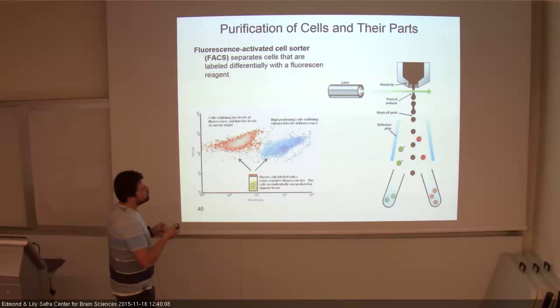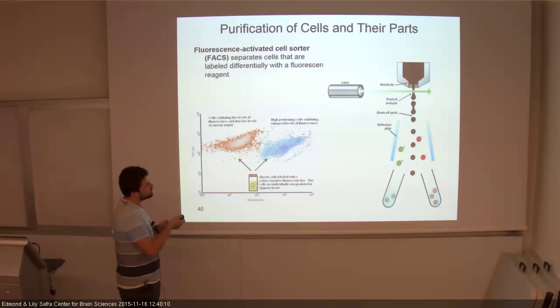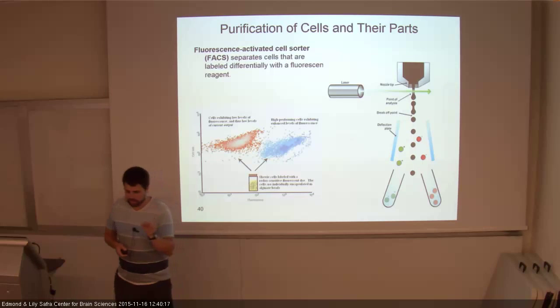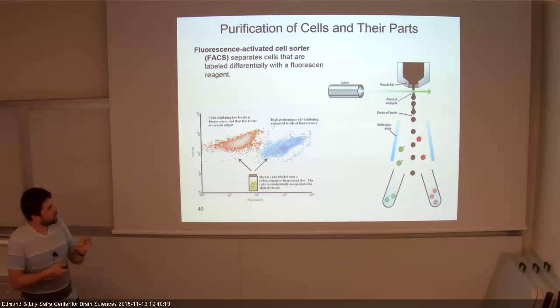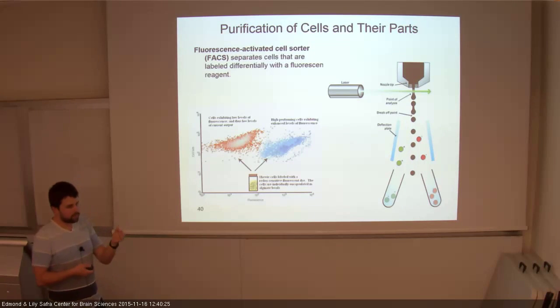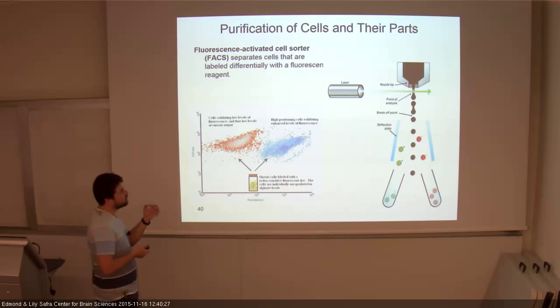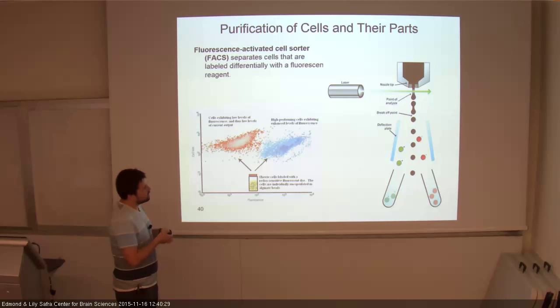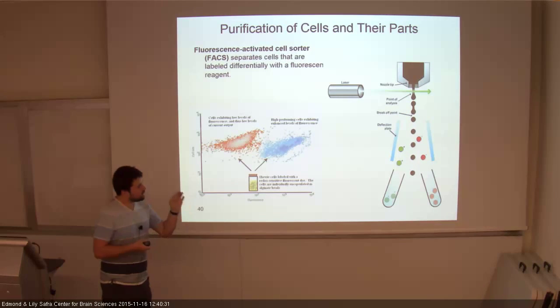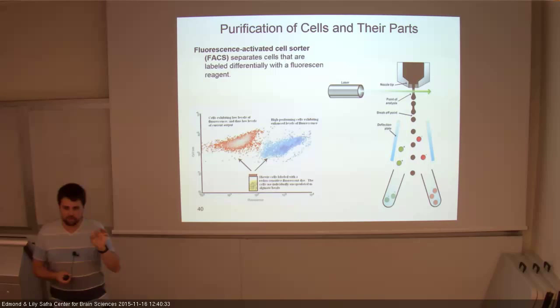So I pass the solution through this special machine, and because it forms these very special droplets, where each droplet contains only one cell, it has a procedure where it analyzes the droplets. It sees whether this droplet is fluorescent, or carries the specific fluorescent protein that I'm interested in. Then, according to that, it can give it a specific electrical charge.